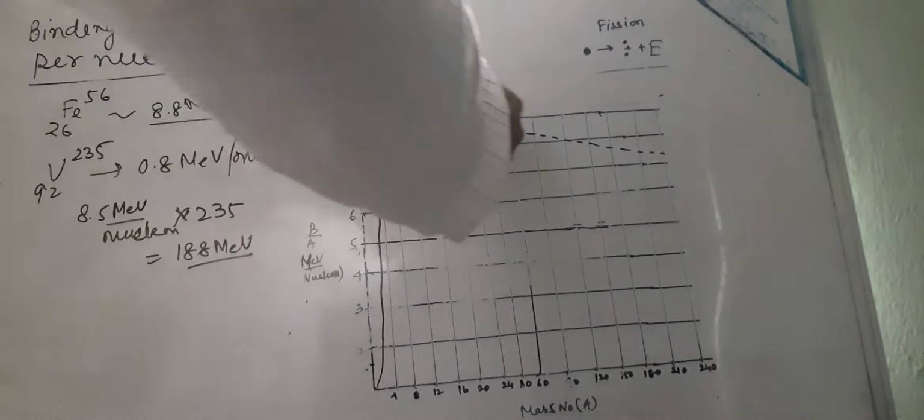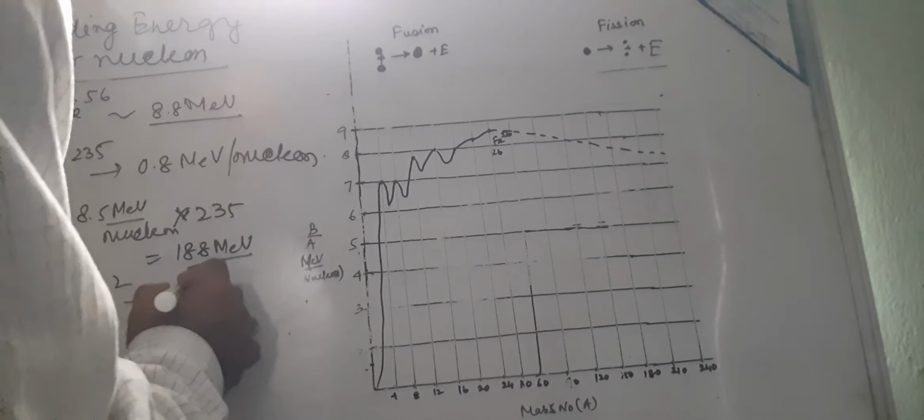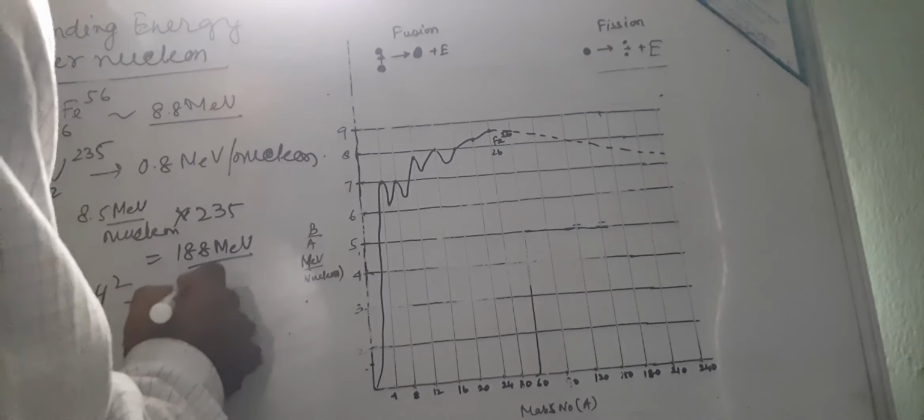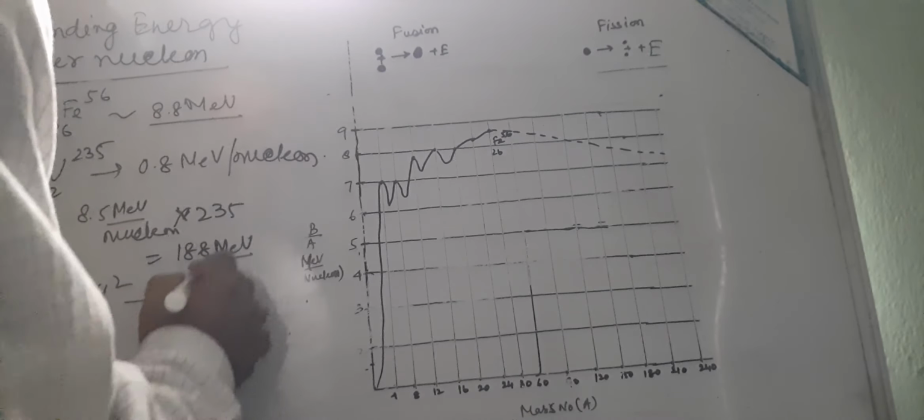Similarly, if we talk about the smaller nuclei, that are unstable, lighter than iron 26-56, in that case, in nuclear fusion, if you take two deuterium atoms, they come close to each other, get fused, and produce helium 4.